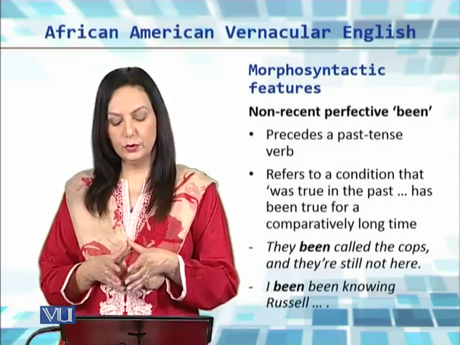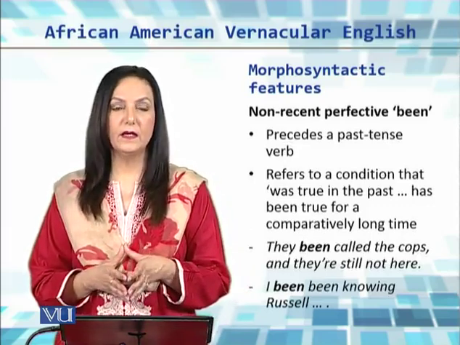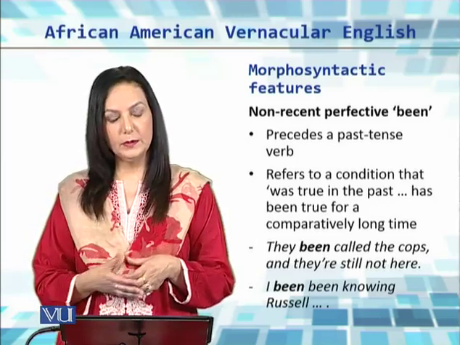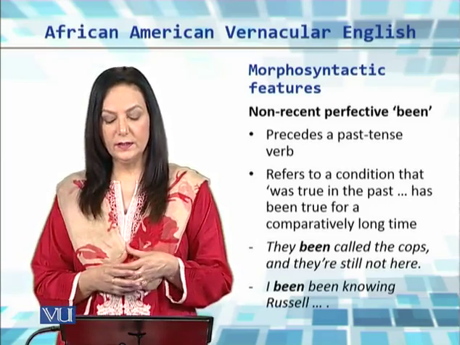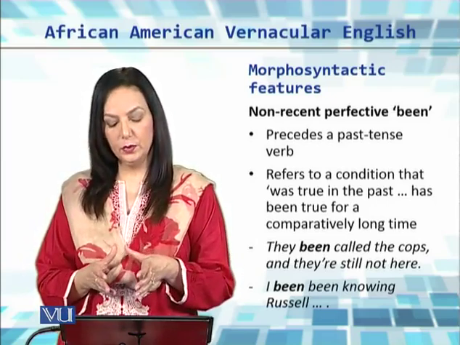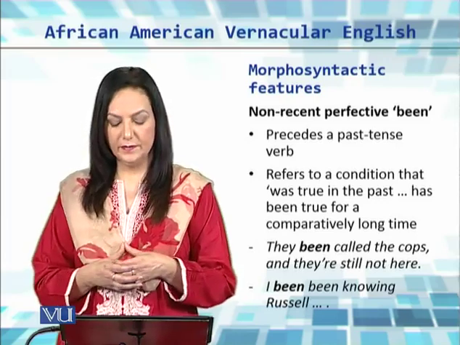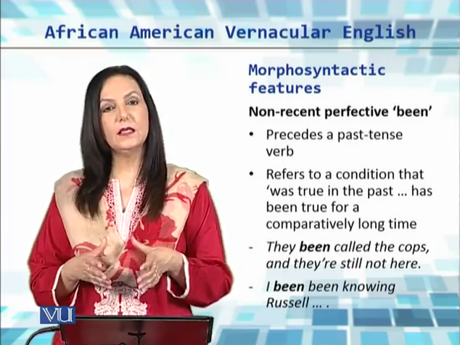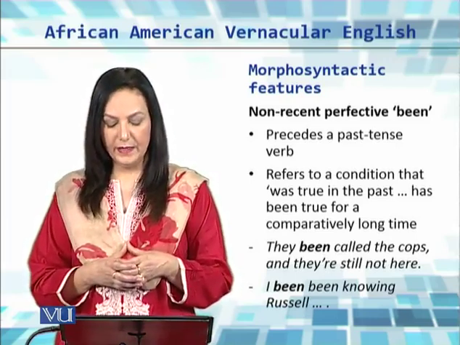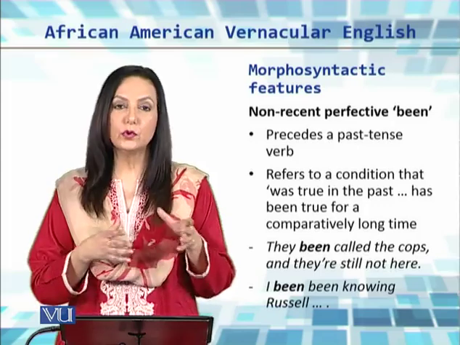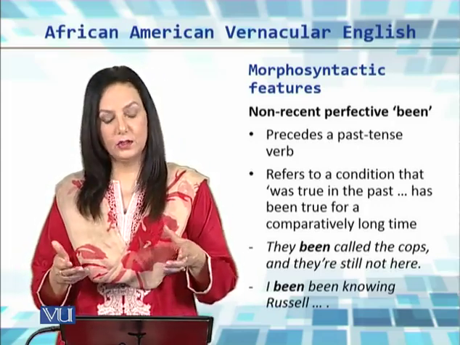Then been is also used to show non-recent perfective. The earlier examples we looked at were about recent completion of an action. Here it is demonstrating non-recent perfectivity. In this case, it precedes a past tense verb, and refers to a condition that was true in the past, has been true for a comparatively long time.